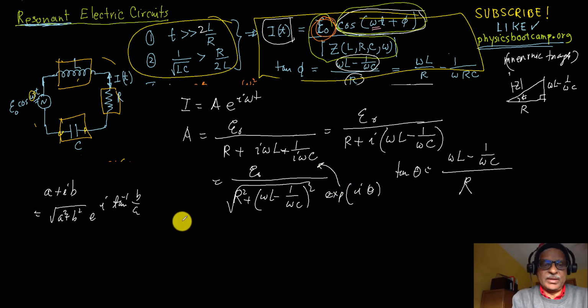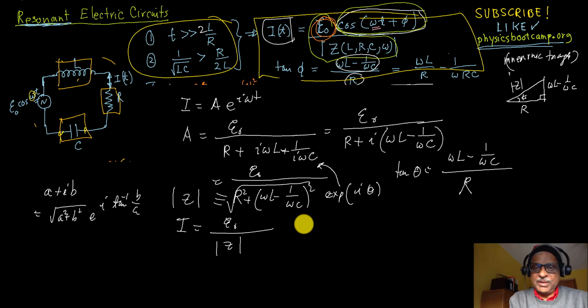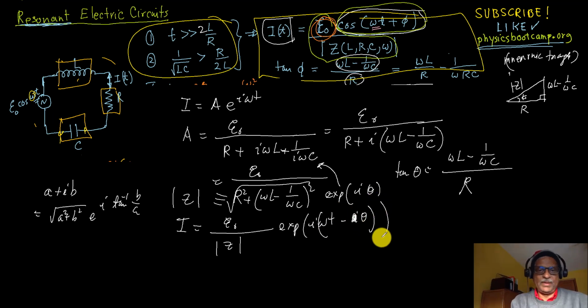Okay, so we can put this in here. So I is E0 over this thing, which we can call the amplitude of the complex impedance. And so we get an exponential i omega t minus i theta. We want the real part of this, which will be just the cosine part.